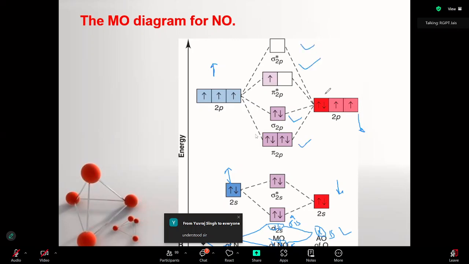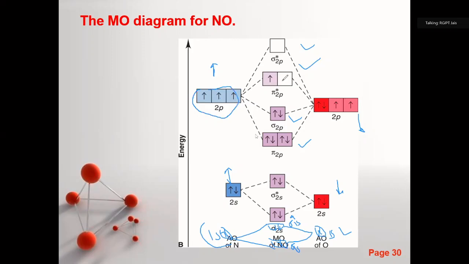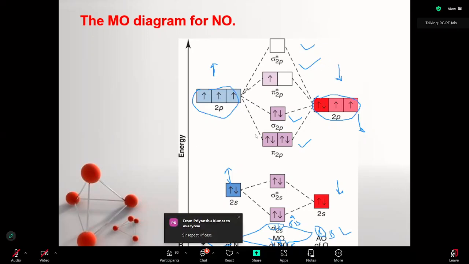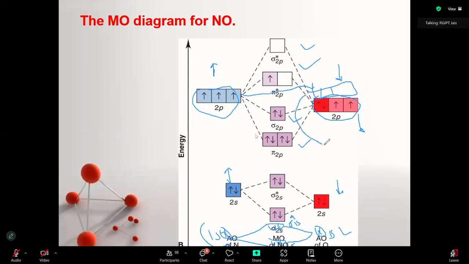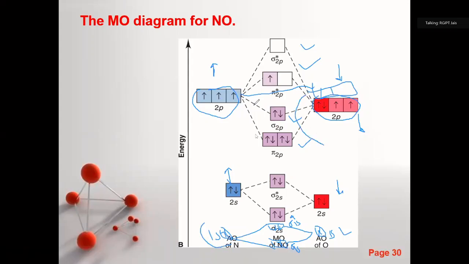According to VBT, these have the same energy level. Same energy level means, if we take an example according to VBT, that has similar energy, here is the atomic orbital, and that can combine to give different molecular orbitals which have the same energy.